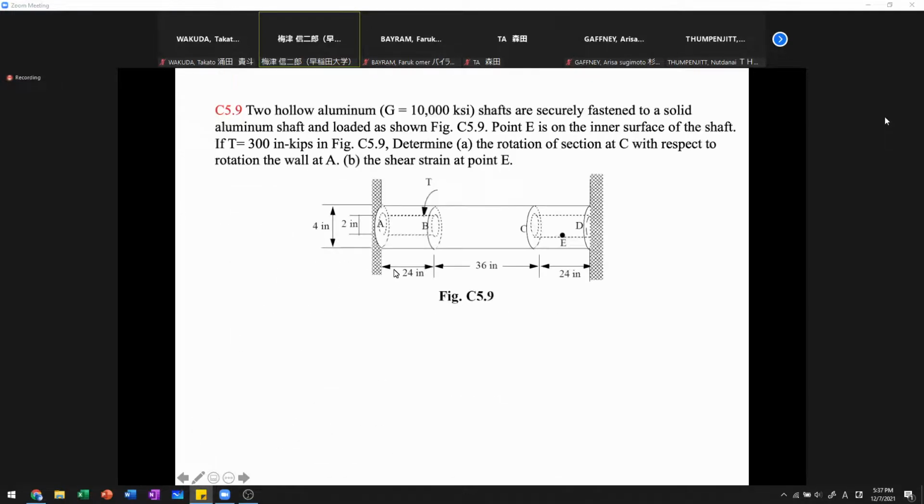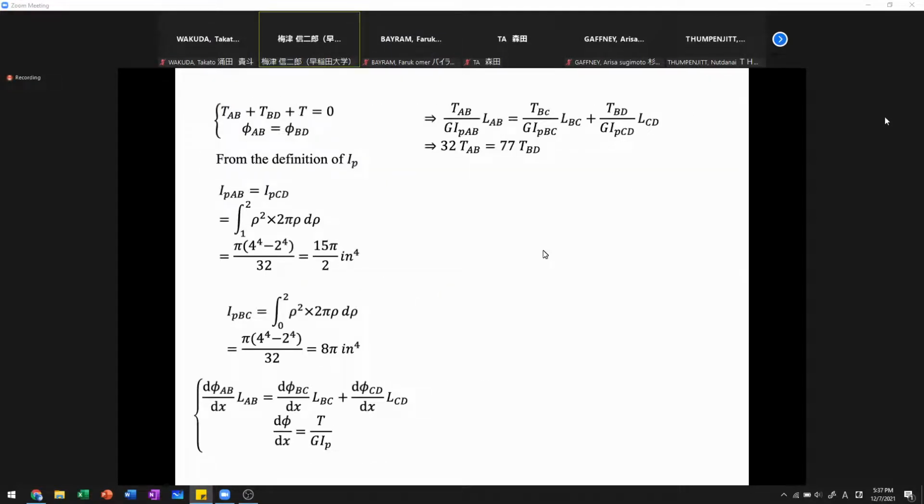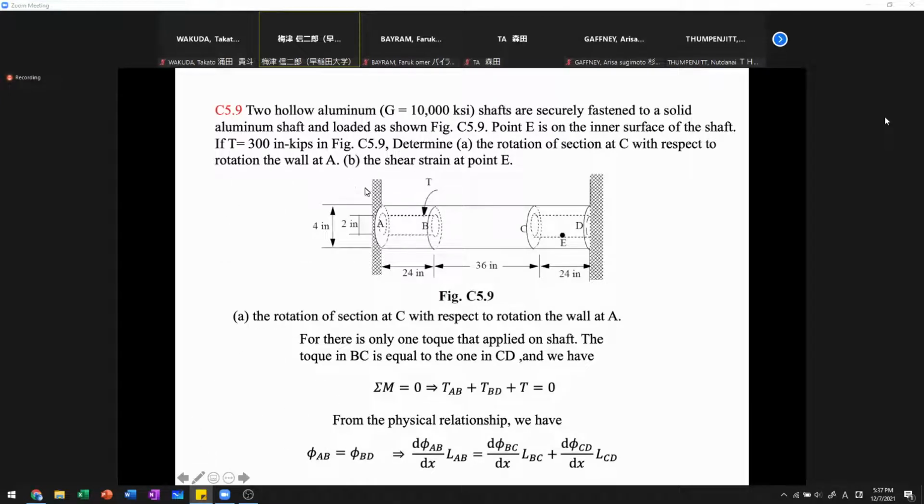According to this, this is the formula of IP. And IP AB equals IP CD.